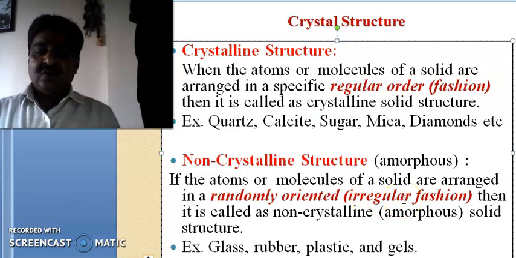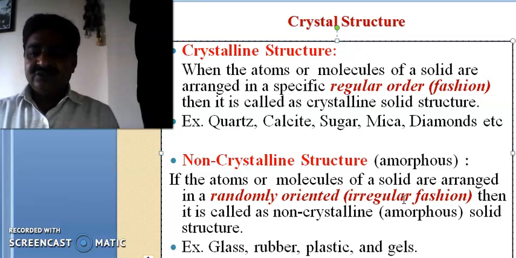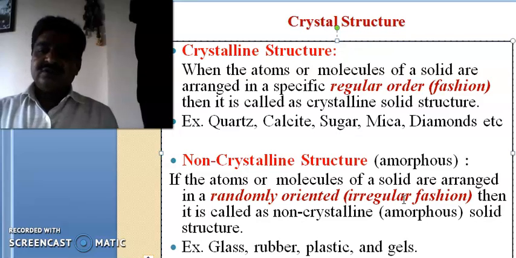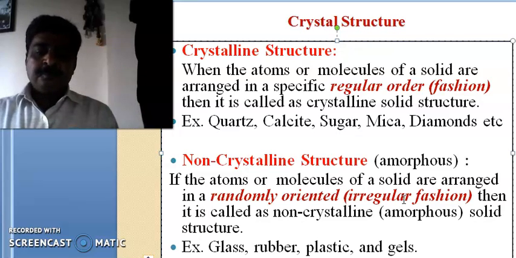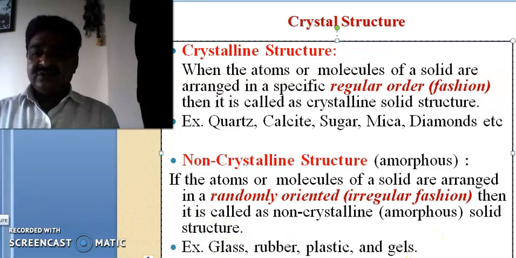Then it is called a non-crystalline solid structure. For example, glass is non-crystalline, I mean amorphous. Rubber, plastic, gels are all non-crystalline structures.